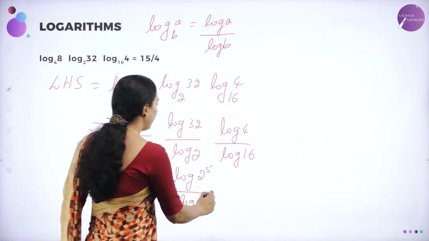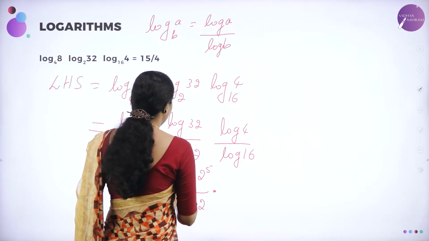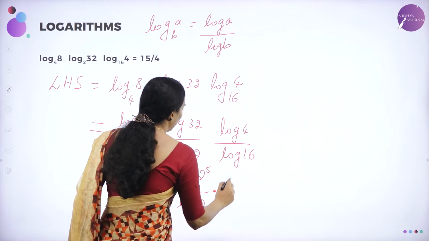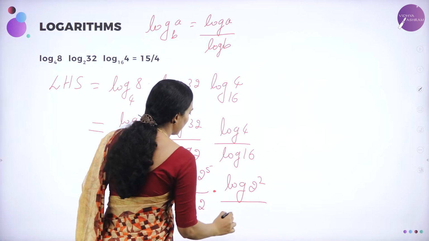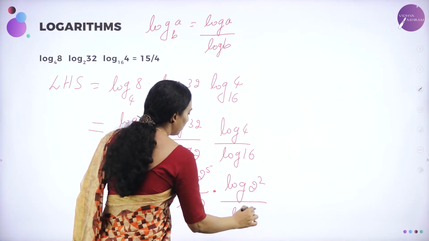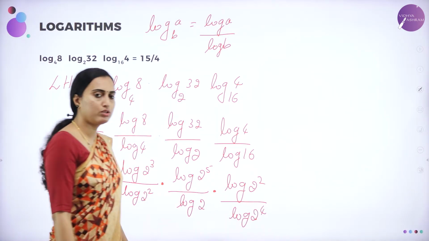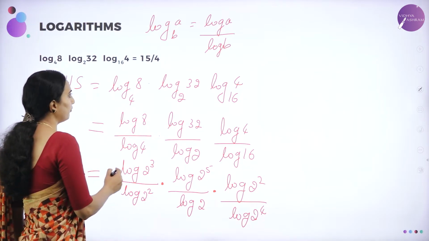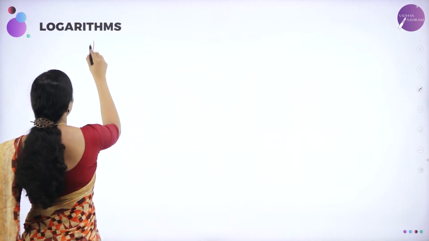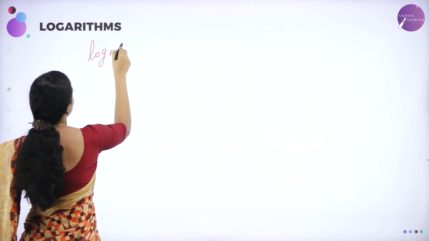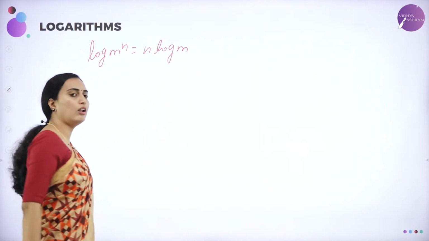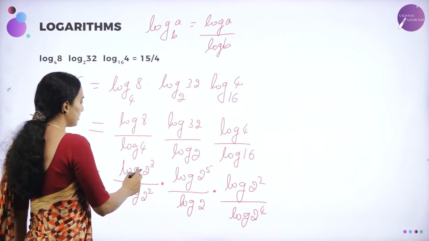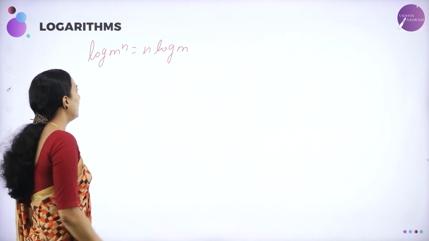Into, log 2 squared divided by log 2 to the power of 4. So therefore, according to the definition of log m power n, what is log m power n, dears? M power n is n log m, correct? So n log m means you can write this as 3 log 2. Let me write that one.